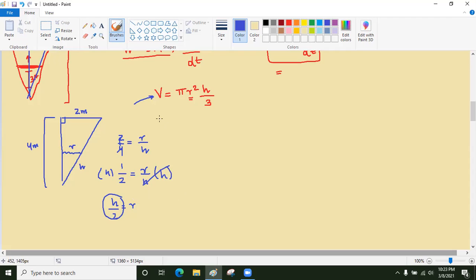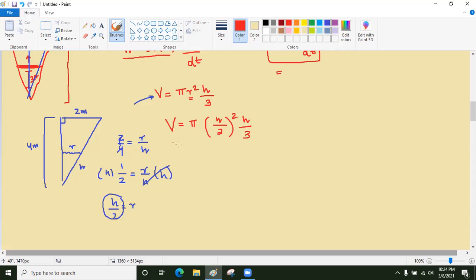So we could say, if we go back to our regular color here, that V is in fact pi times h over 2 squared times h over 3, right?